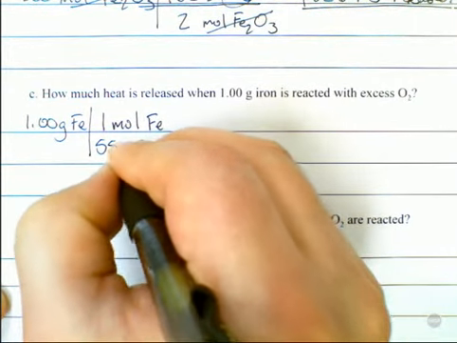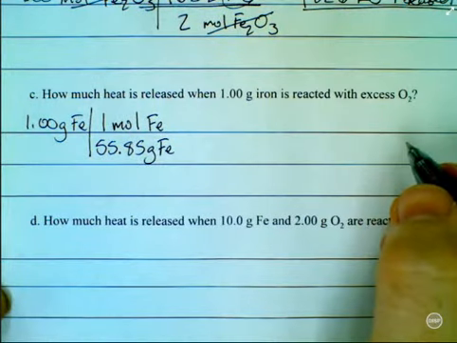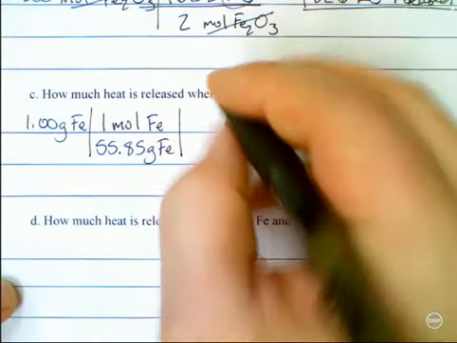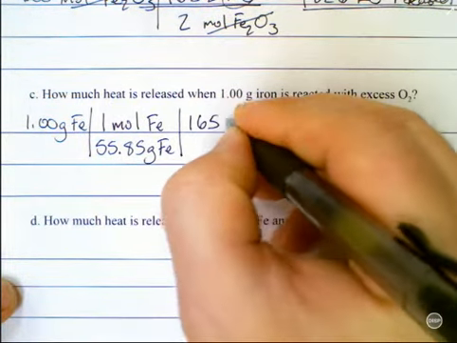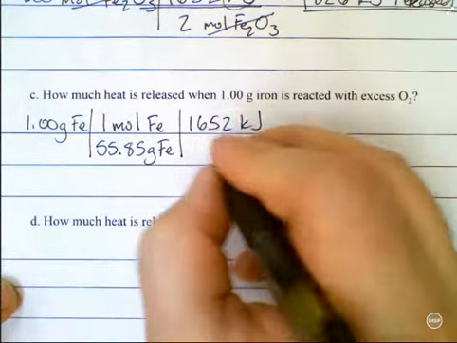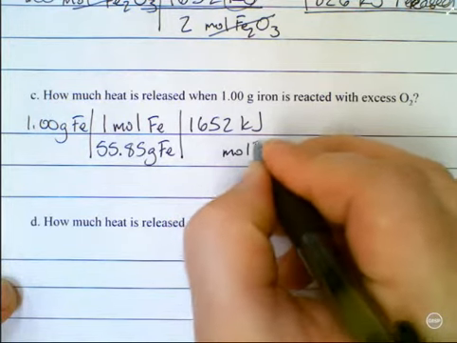Using my periodic table, I know the mass of 1 mole of iron is 55.85 grams. And now I can use that delta H value. Now again, I'm using moles of iron here.